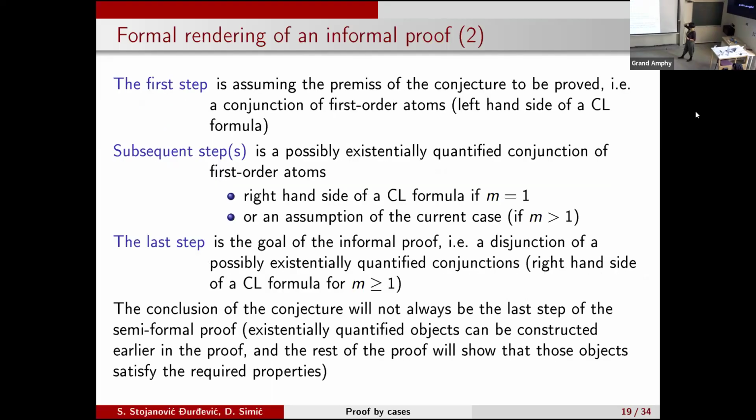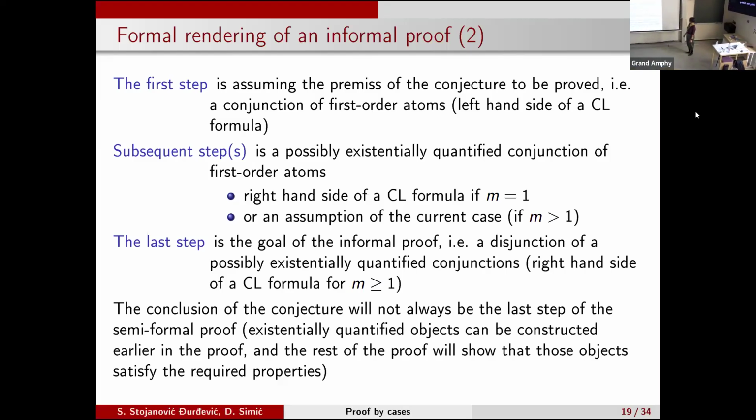So when we formulate a step, first we use each step to define a context in which we are working. In the beginning, our context is just the premise of the conjecture that we want to prove. So the premise, the left side of the coherent logic formula. All the other steps are basically the right-hand side of the coherent logic formula, which can potentially be existentially quantified, though it doesn't have to be.